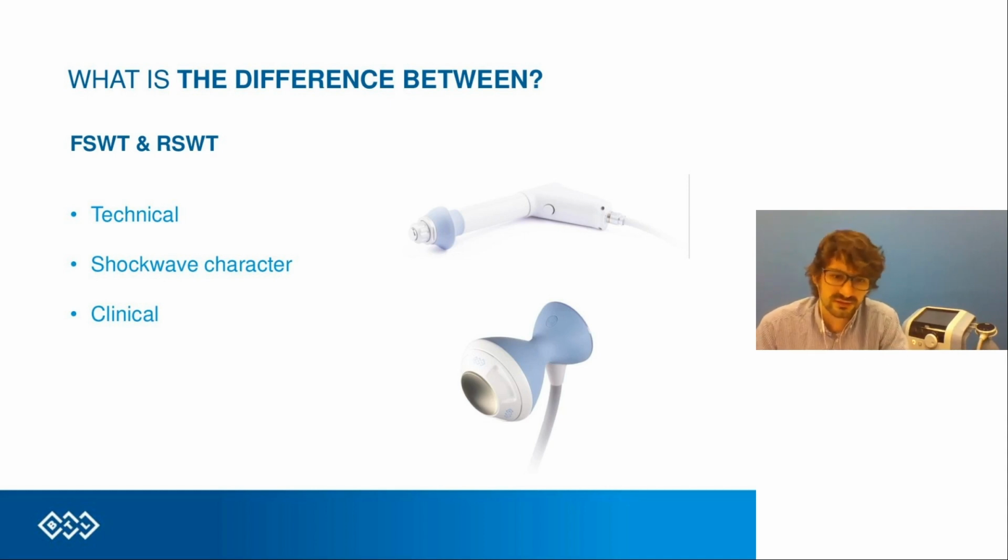So the parameters are different, but the idea of how to produce these shocks can be the same. Let's say the technical background can be the same. There are also different types of devices for the treatment of erectile dysfunction, like linear shock waves, but that's a little bit different technology.